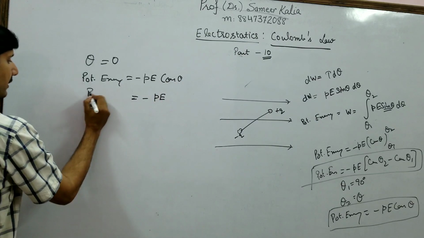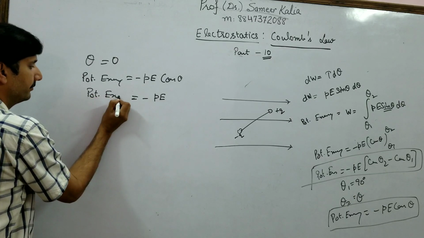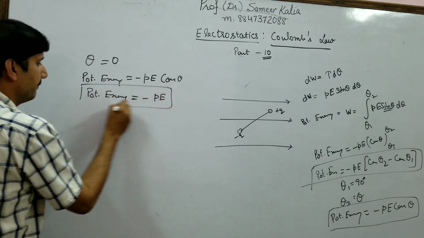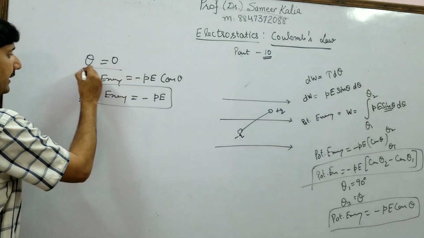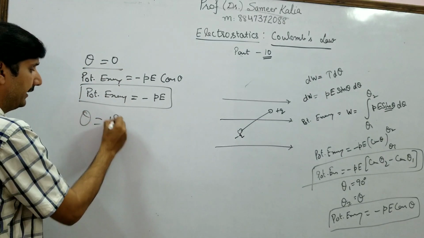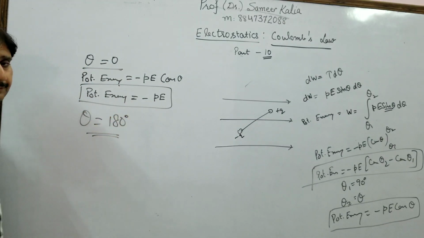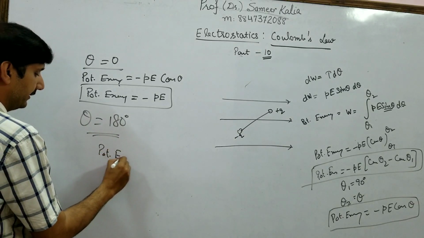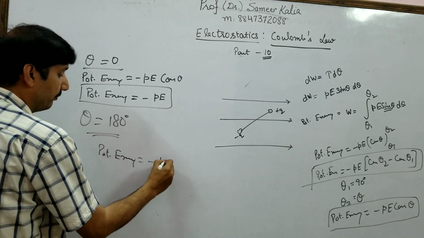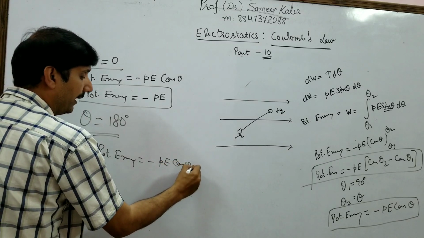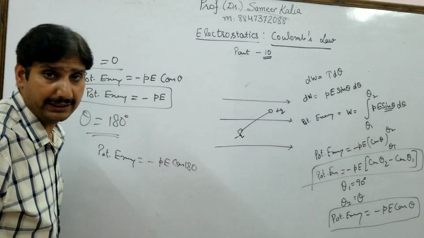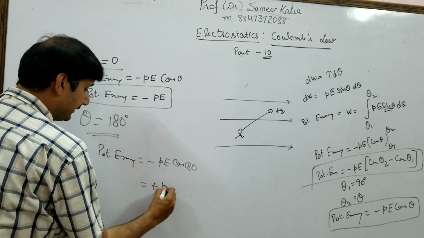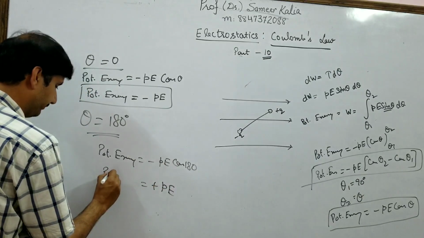But for theta equal to 180 degrees, potential energy is equal to minus PE cos of 180 degrees. Cos 180 degrees is minus 1, so it turns out to be plus PE.